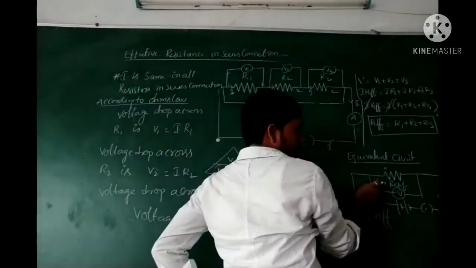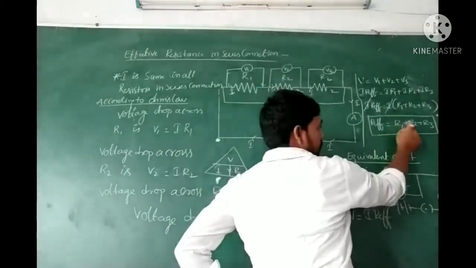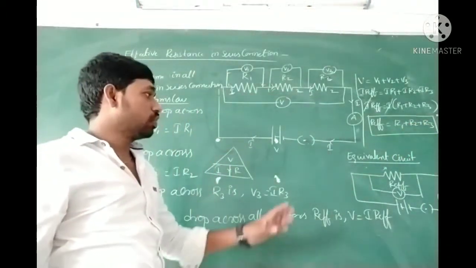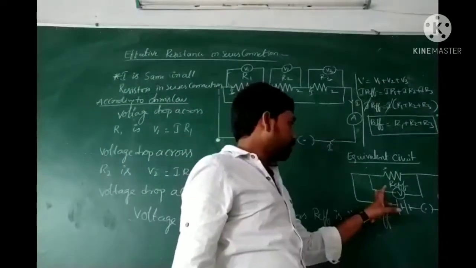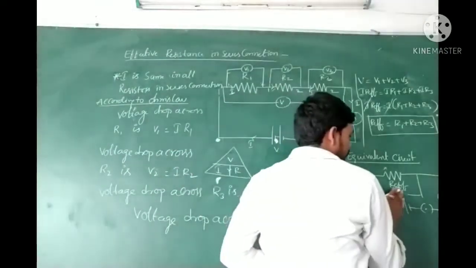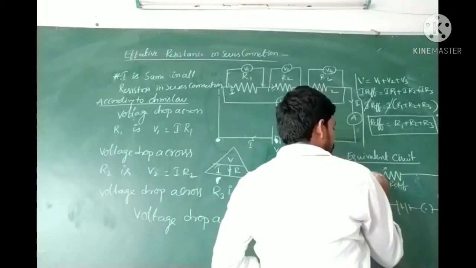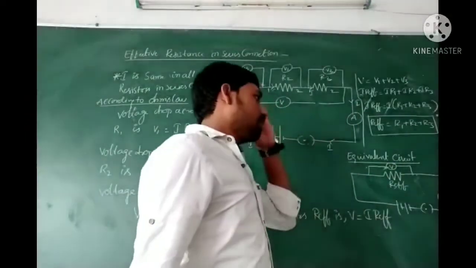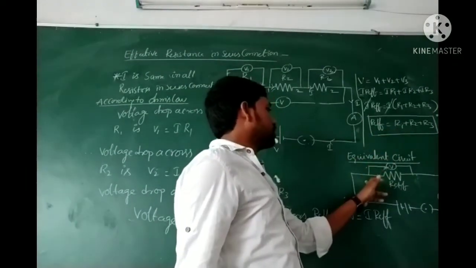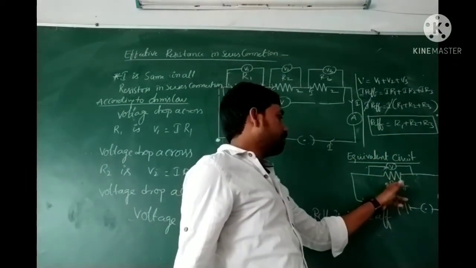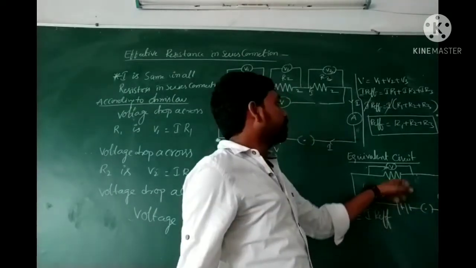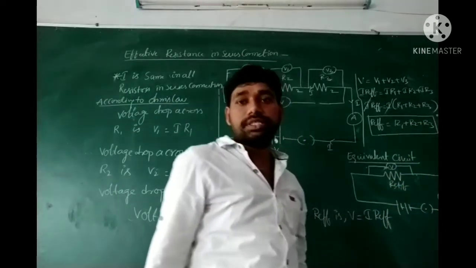So this is nothing but R effective, which is the sum of all resistors in a series connection. You can draw the voltmeter up also, there is no difference. So the equivalent circuit for the series circuit is R effective connected with the battery, the switch and the ammeter. That effective resistance is the sum of all resistors.